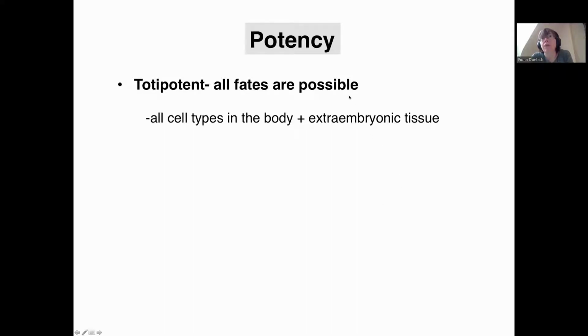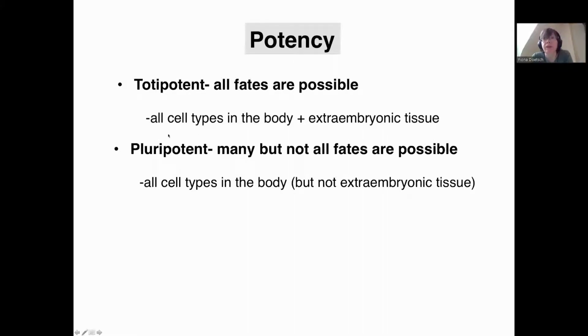So among the potency, there are different types of potency. We have totipotent cells. So these are cells that can give rise to all possible fates, namely all the cell types of the body, including extraembryonic tissue. So things like the placenta. Pluripotent cells can give rise to many, but not all the fates.